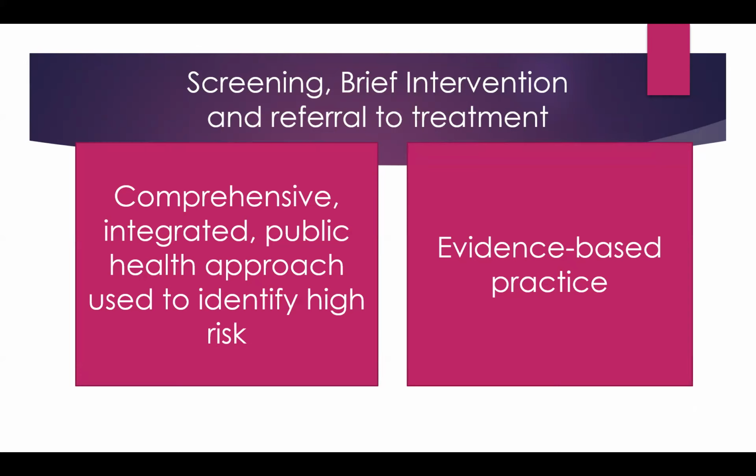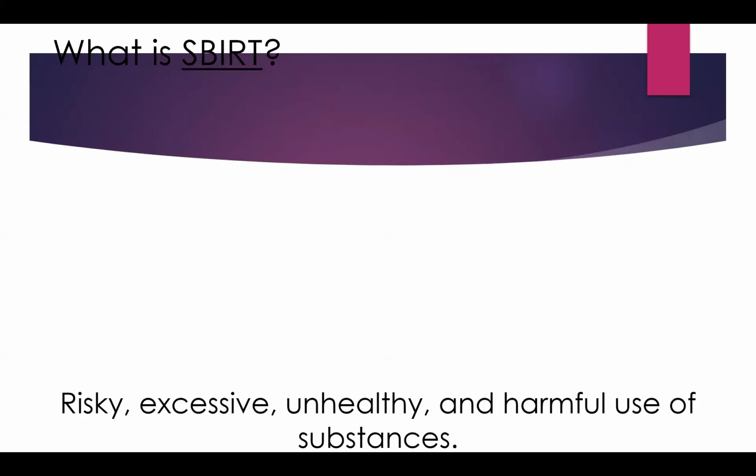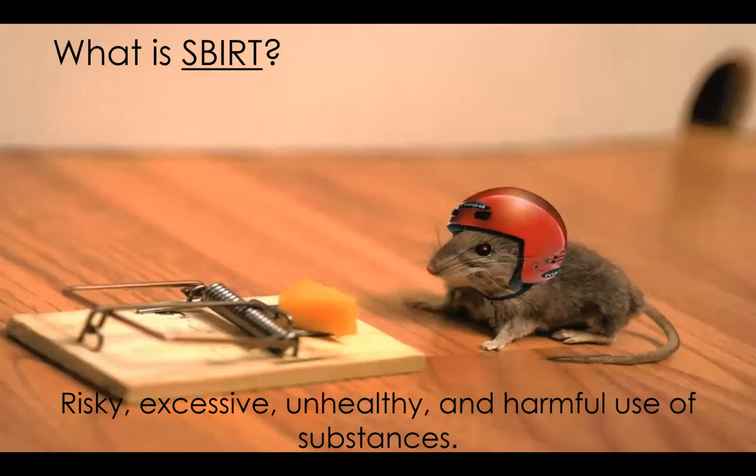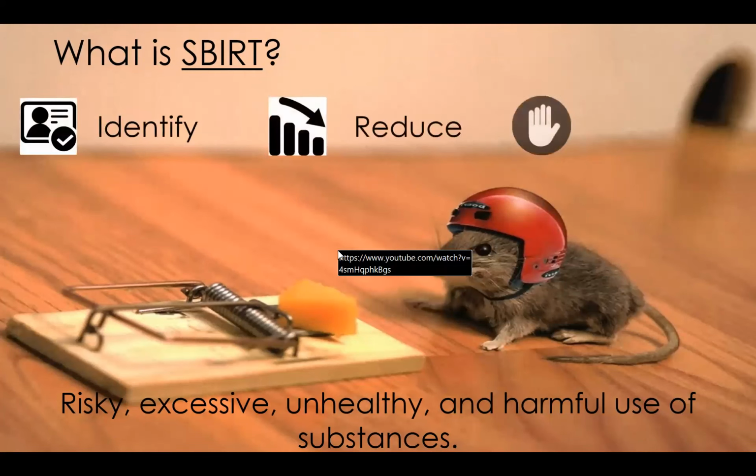So SBIRT is really something that one can use, and you can help your students reduce their alcohol and drug use, support their mental health, address their gambling, and address a variety of different other areas. Okay, so here we have a slide showing some of the purposes of SBIRT.